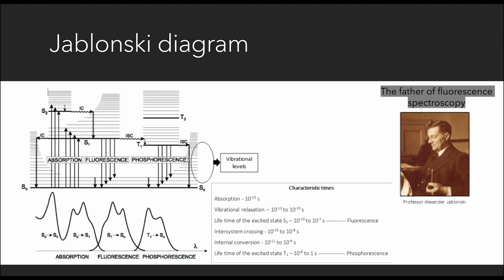As we can see here, the transition is happening from S0 to S2 or S0 to S1, and this is for the absorption spectrum. Whenever there is a transition from S1 to S0, it is called fluorescence. The respective characteristic times are also there on the screen.